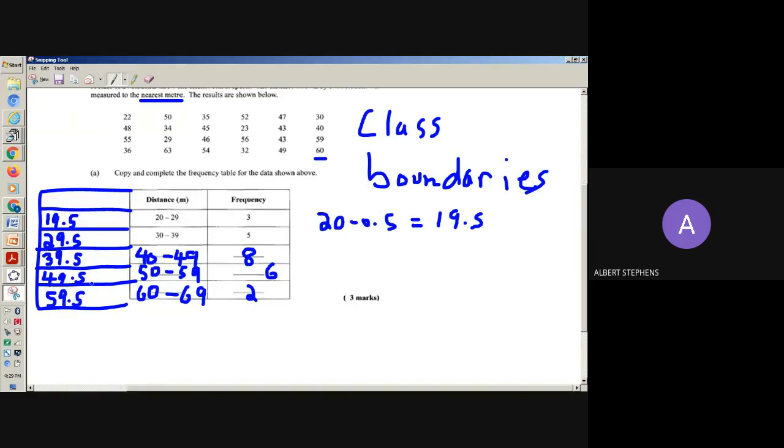What we do is subtract 0.5 from the lower class limit. Now, for the numbers on the right, we're going to add 0.5 to all of them. So we're going to have 29.5 rather than 29, and then what? 39.5.